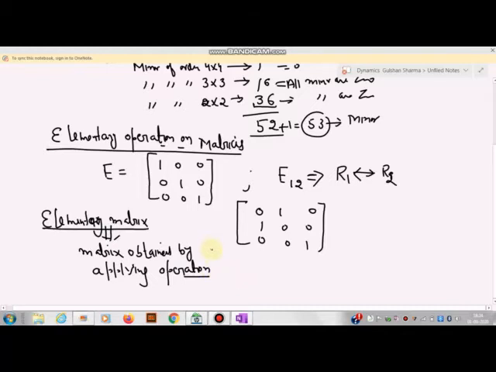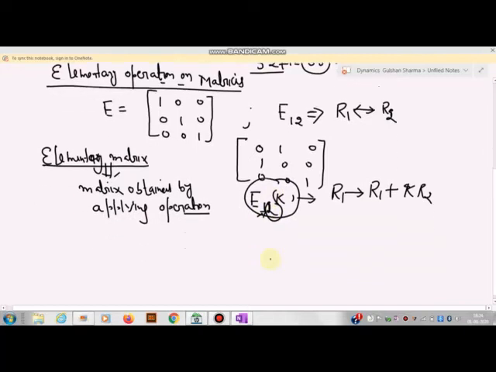You can also multiply any row by some constant. So I am using here E12 of k. This stands for applying the operation R1 plus k times R2. So E12 stands for operating upon R1 with k times the elements of R2.